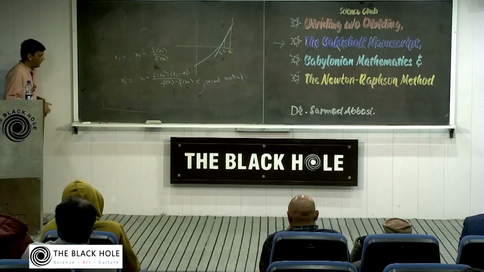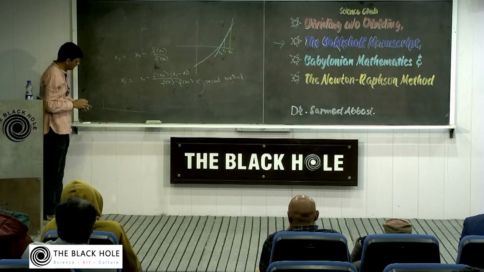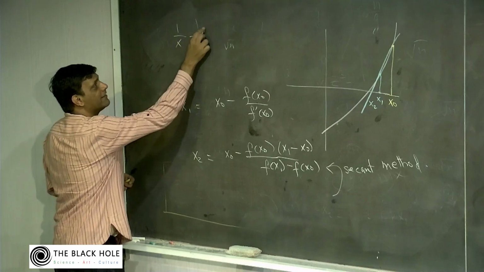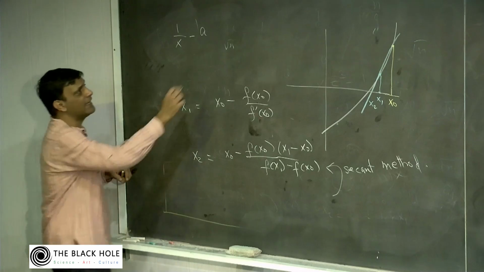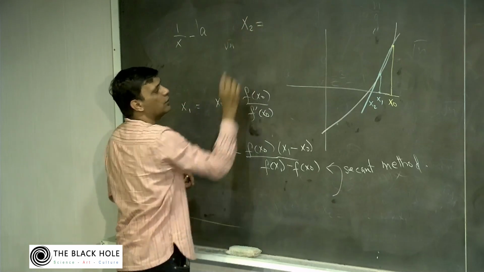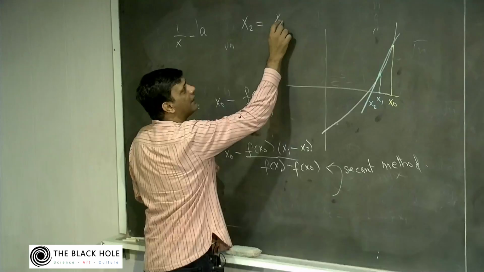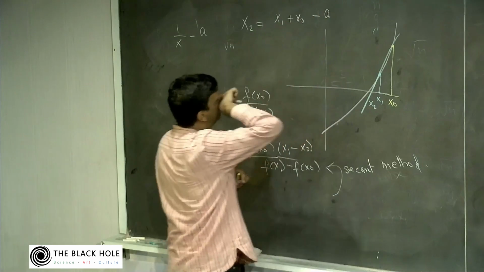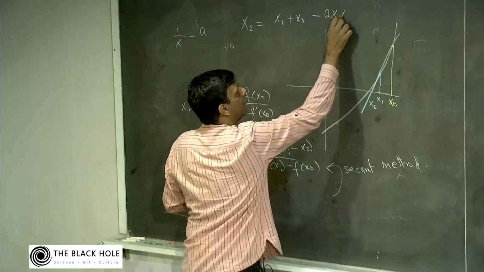If you apply it to the function 1 over x minus a, then you get an iteration which is something like x2 is equal to 2x0 minus a x0, x1 plus x0 minus a x1 x0.